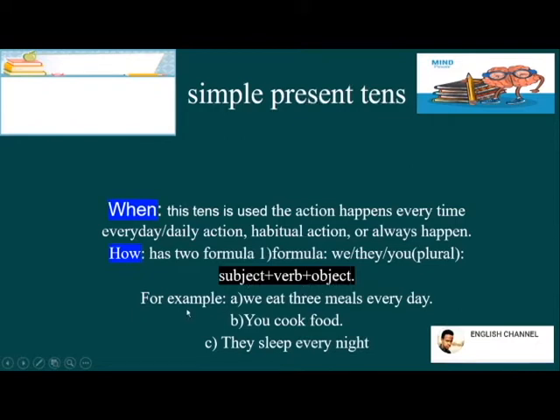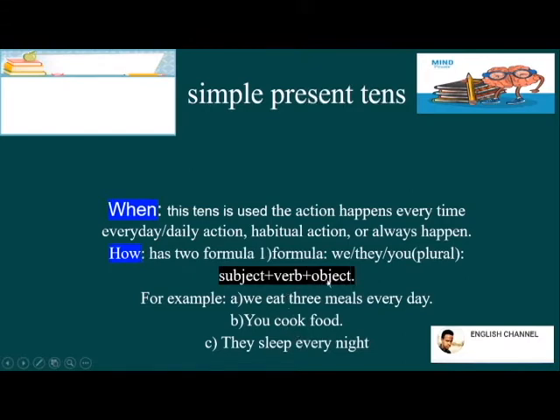For example, the subject is the one who is doing the action, like we, you, they. All these are the ones who do the action. And the verb is what they are doing, the action they are doing. They are eating, or they are cooking, or sleeping. All these are the actions they are doing.